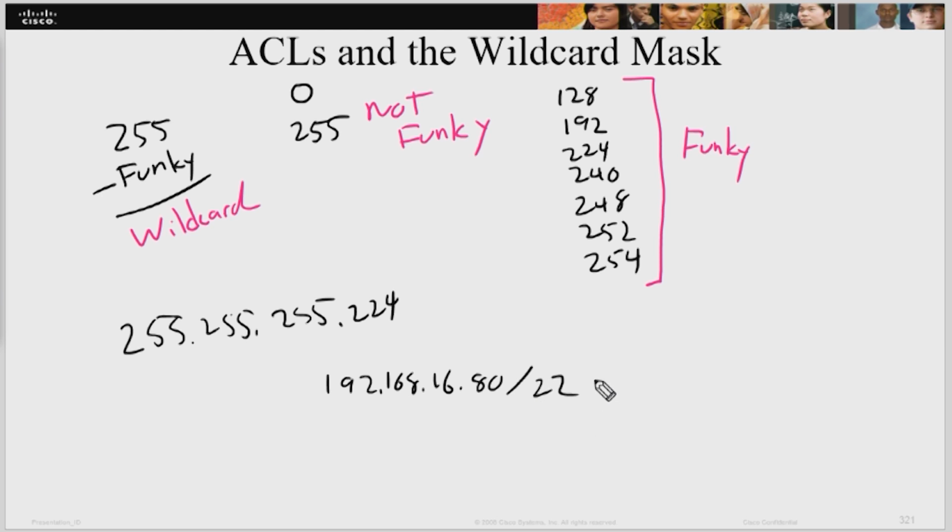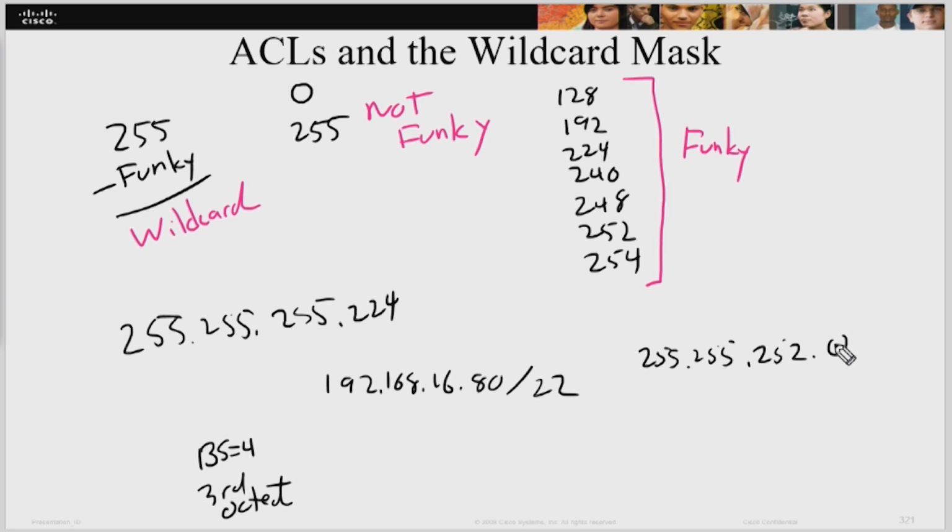Well, what is 22? 22 is going to be a block size of 4 in the third octet. 22 is 255.255.252.0. So this is my block size 4 in the third octet. So what is my wildcard mask? It's 0.0. Block size of 4 minus 1, 3, and then 255 in the fourth octet. And that is wildcard masking.